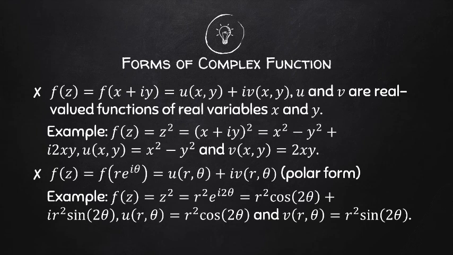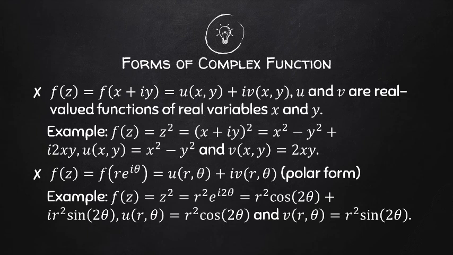The example is f(z) equals z squared equals (x plus iy) squared equals x squared minus y squared plus i times 2xy, with u(x, y) equals x squared minus y squared and v(x, y) equals 2xy.